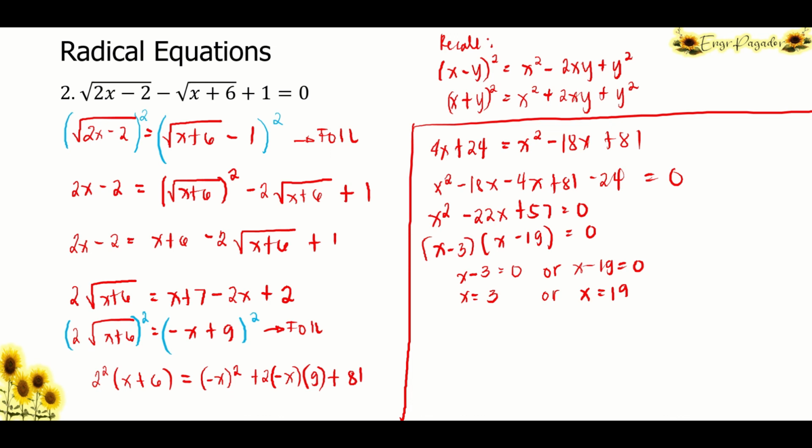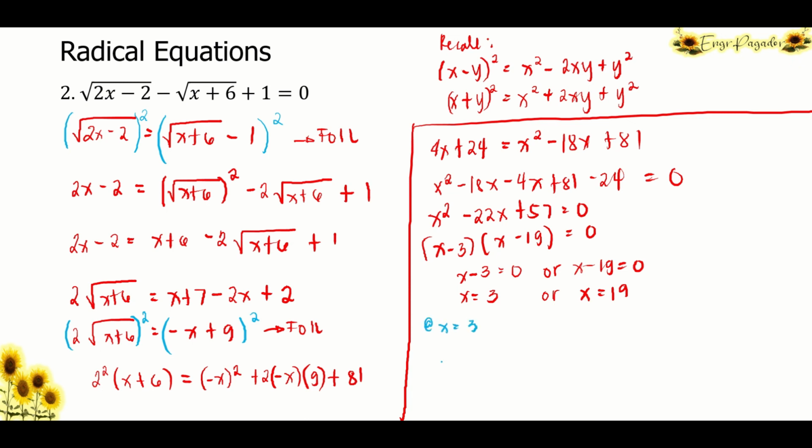Now, let us check kung ano yung principal root and yung extraneous root natin. So, yung principal root natin will be the solution to the equation. And yung extraneous root natin is hindi siya solution, hindi siya part ng solution set sa ating equation. So, let us check at x equal to, ito muna, si 3.